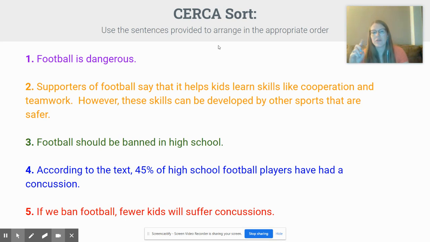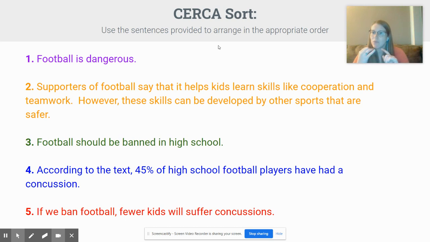So if I said football is dangerous, could you say football is dangerous because it should be banned in high school? Or should I say football should be banned in high school because football is dangerous? Right? It should kind of make more sense that they're saying football should be banned, and the reason that it should be banned is because it's dangerous.